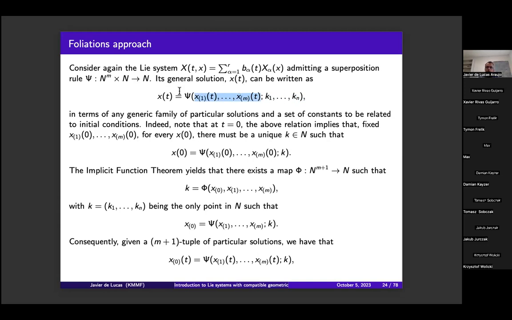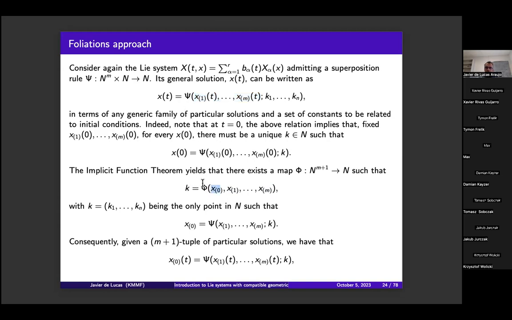So you can invert this mapping and obtain a phi, which is such that for a set of n+1 particular solutions, you get the k, which generates x0 out of x1 to xn. So essentially, you pick up this and you apply the inverse function theorem to give the value of k1 to kn out of the value of x. So out of the value of this, you obtain k.